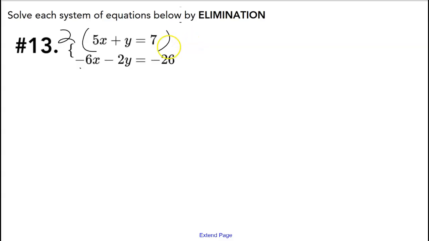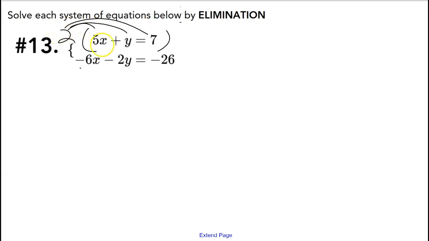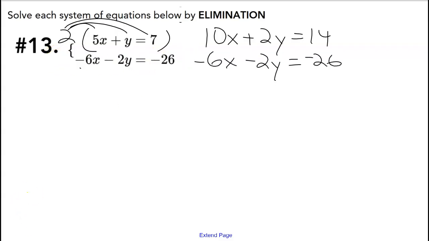So I'm going to multiply this top equation by 2. When I do, I'm going to do it on each term, all three of them. So I got 2 times 5, which is 10x, and 2 times 1, which is 2y, and 2 times 7, which is 14. Now here I'm just going to rewrite this one again.